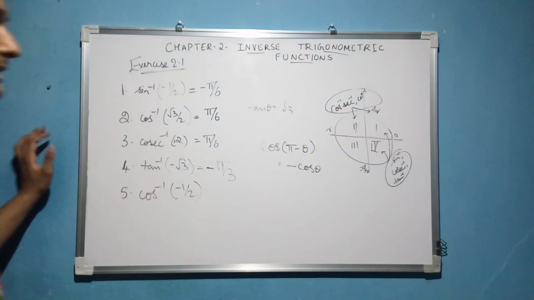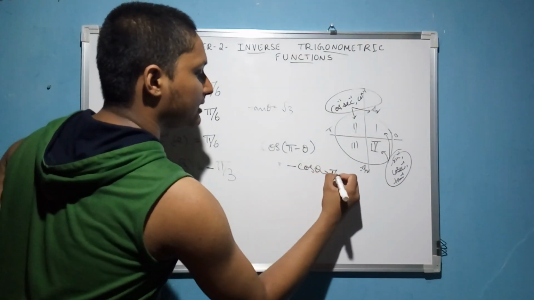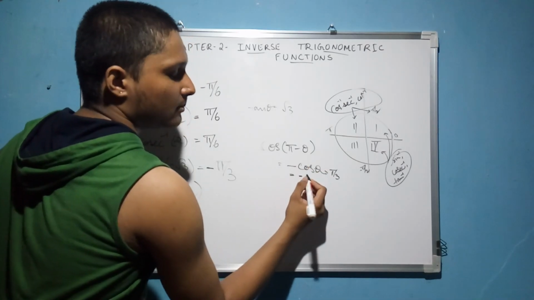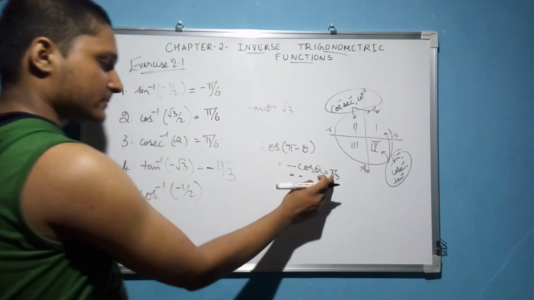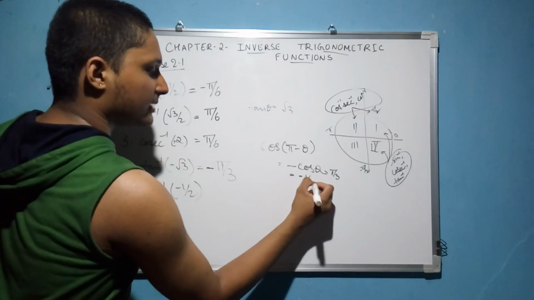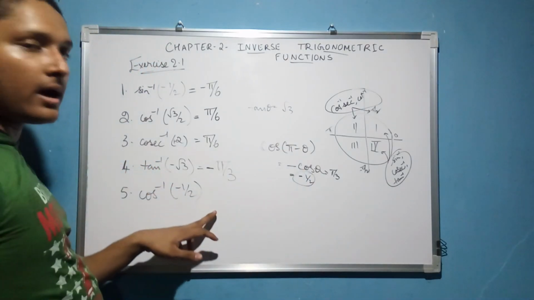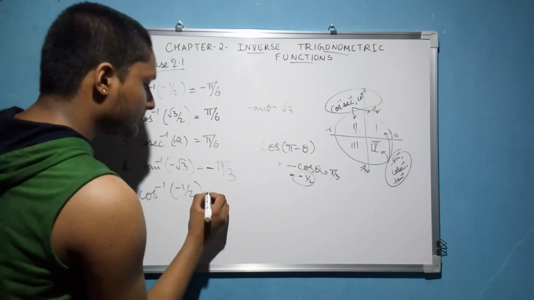So if I substitute theta to be pi by 3, the right hand side becomes minus cos pi by 3. Cos pi by 3 is half, minus half you got. So pi minus theta is the required angle that we find out here.